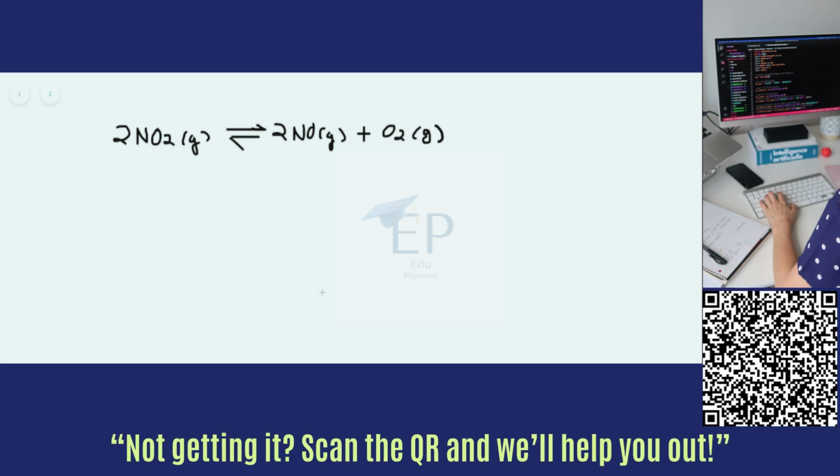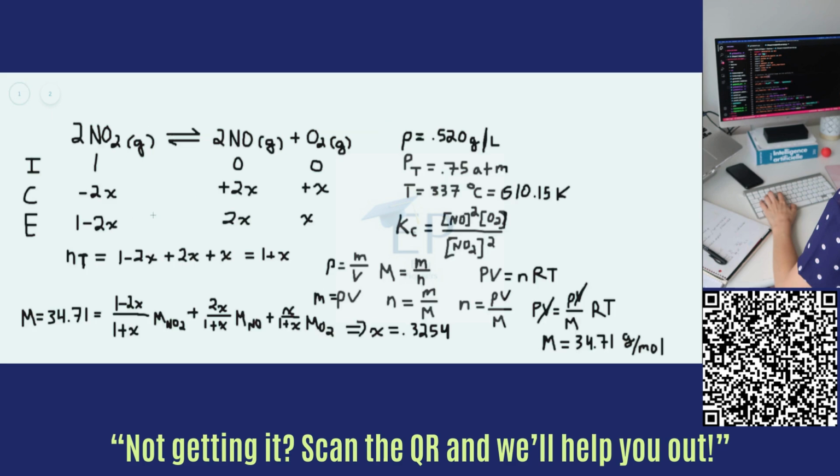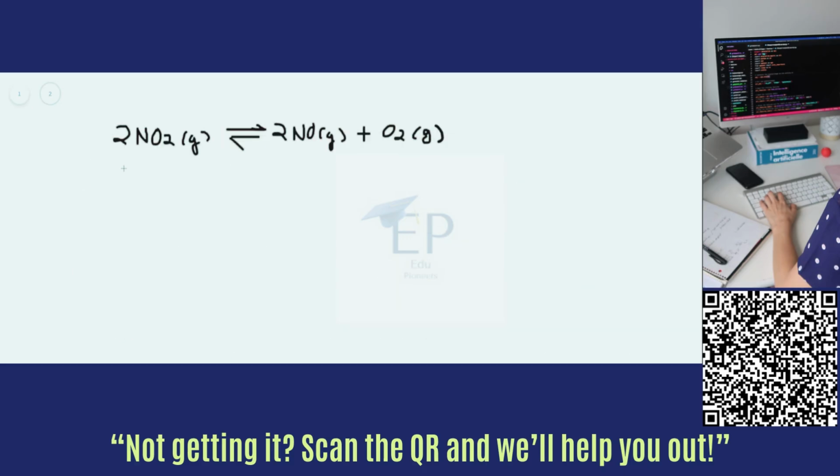I'm just going to copy this line here, the equilibrium equations. So we have 1 minus 2x, we have 2x, and we have x. And if we plug in, we found that x equals 0.3254.